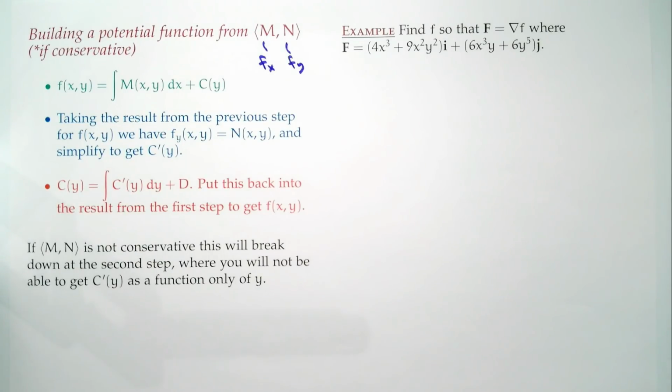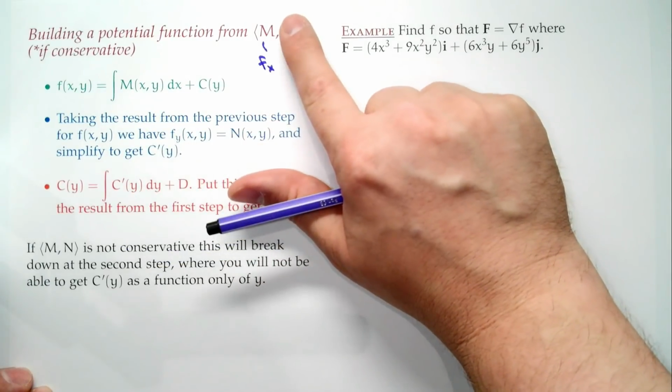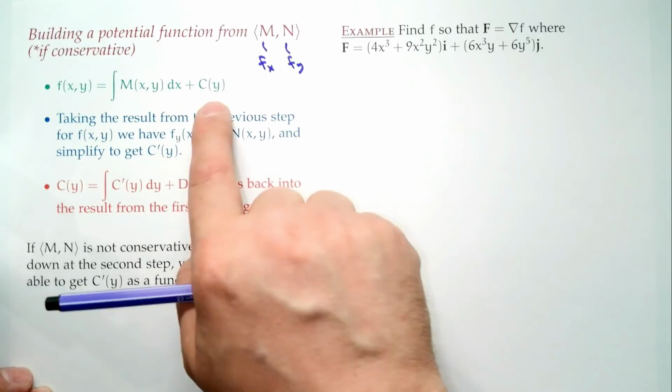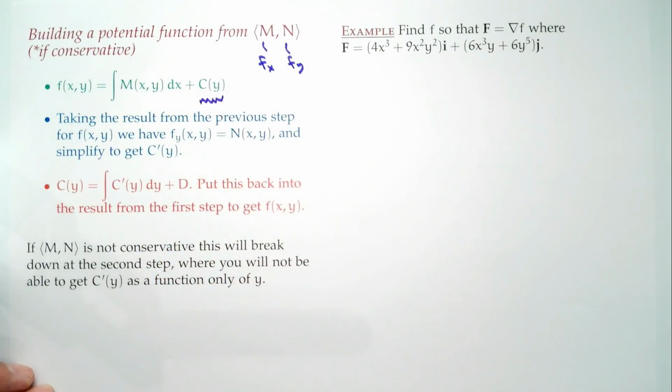Because think about what happens. If I start with something and take the derivative with respect to x, what happens to anything with a y in it? Well, it's treated like a constant, and so if it's only y's, it goes away. So in the first step, if I only use information about the M slot, I can get most of my function, except I might have other stuff left which only depends on y.